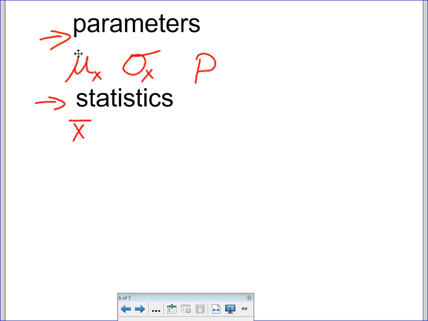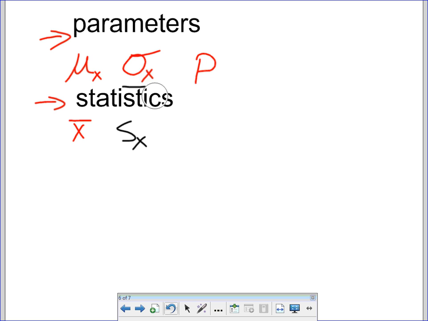So x bar is an estimation of mu. If we take data and we use that data to estimate the standard deviation of a population, then we use s sub x, and this is the estimation of that. And then we're going to learn a new term, this funny little symbol here, which we will call p hat. And p hat is the estimation of p.